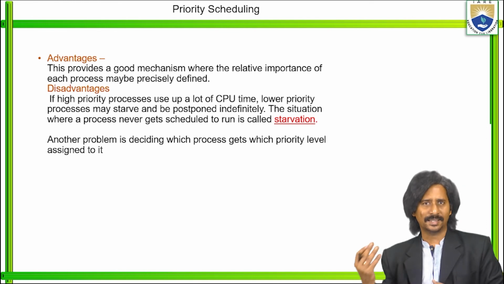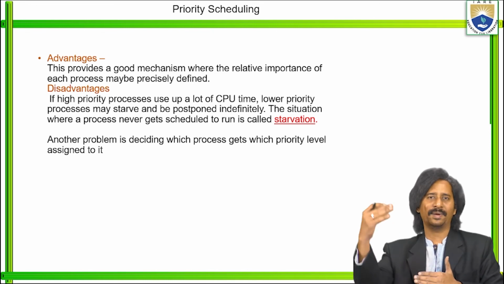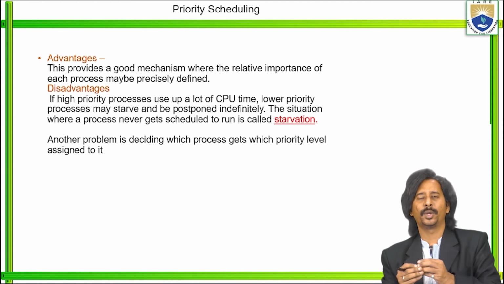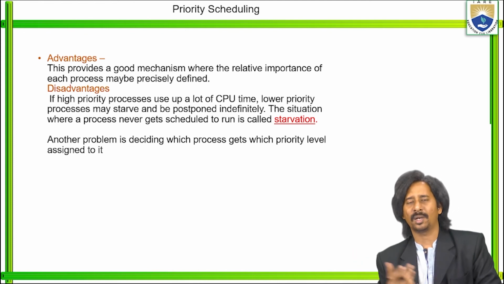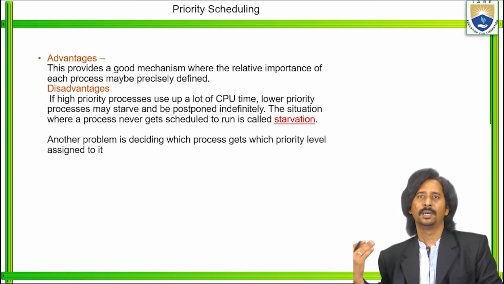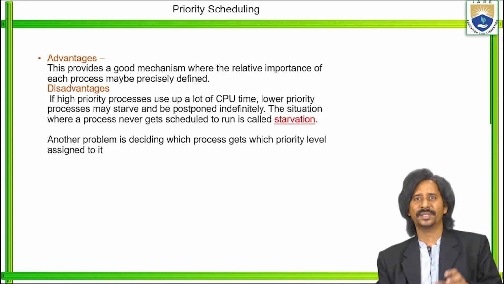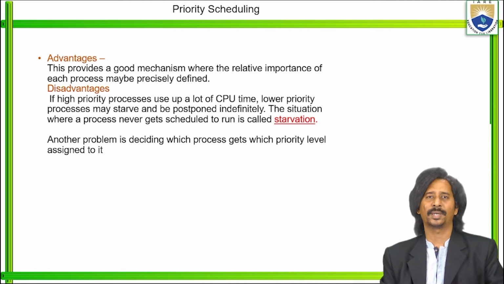So whichever previous-level process uses a lot of CPU time, the next level of processes may starve and be postponed indefinitely. This is a situation where a process never gets scheduled to run, which is called starvation.